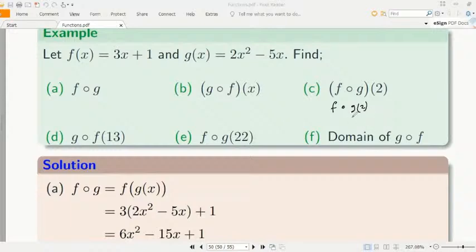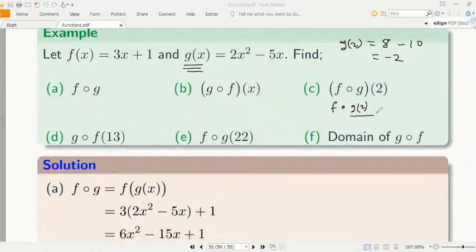That means, first of all, find the G of 2. You have G of X. What is G of 2? Where there is X, put 2. This would be 4 times 2, which is 8, minus 10, which is negative 2.